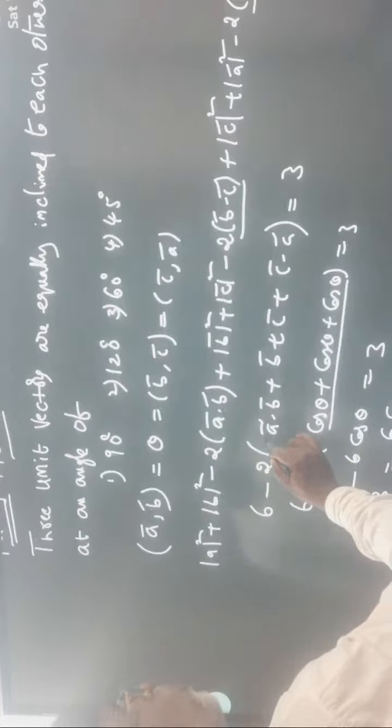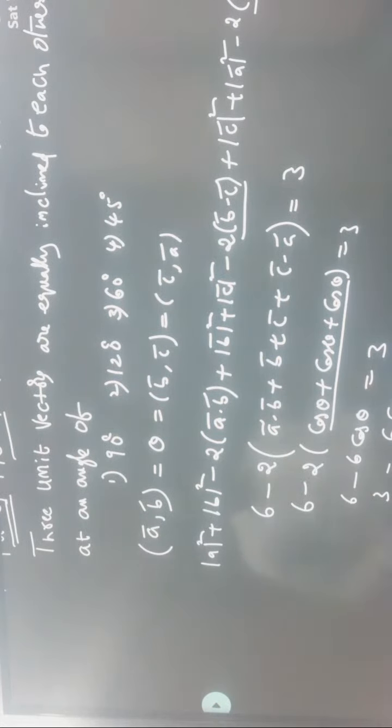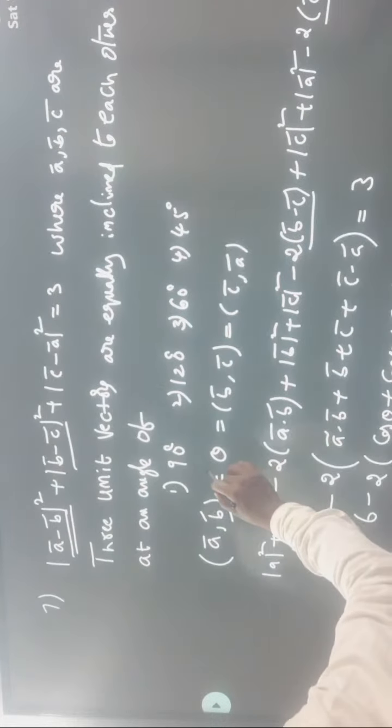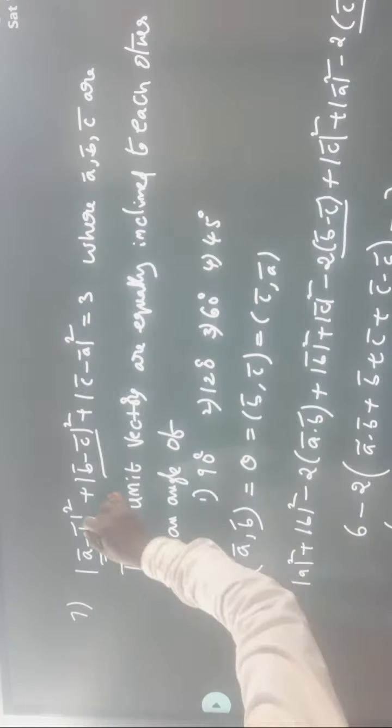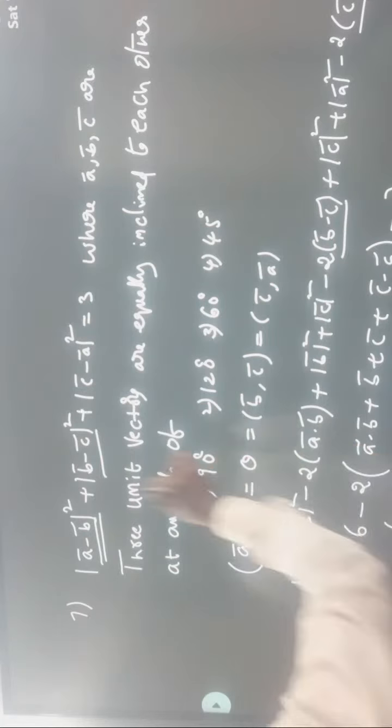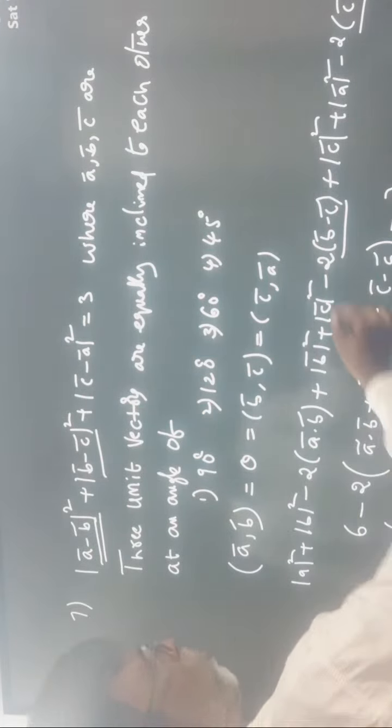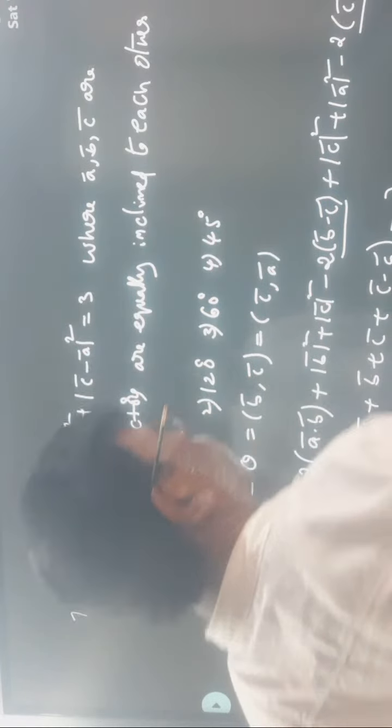This is called theta. Now substitute here. This is the expansion: a minus b whole square is mod a square plus mod b square minus 2a dot b, mod b square plus mod c square minus 2b dot c, mod c square plus mod a square minus 2c dot a.